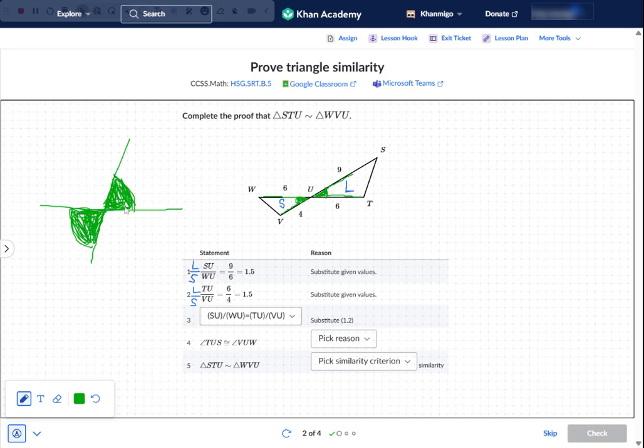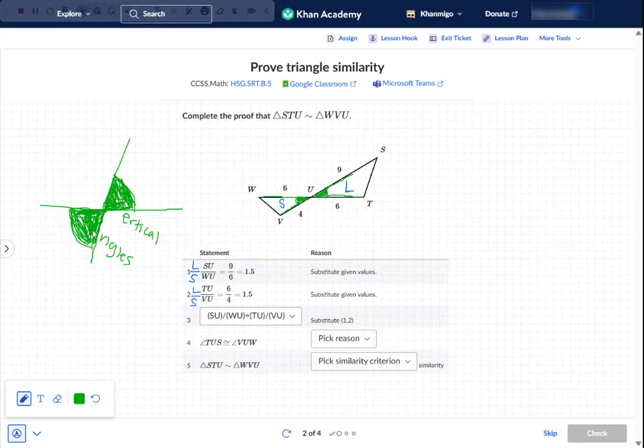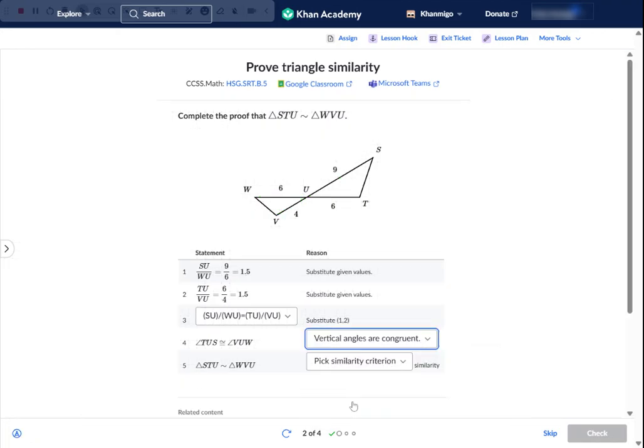All right, it looks like vertical. Looks like a V for vertical and an A for angles. Vertical angles. Vertical angles are always congruent. It gives us a bow tie or an hourglass shape. These are vertical angles, and vertical angles are always congruent.